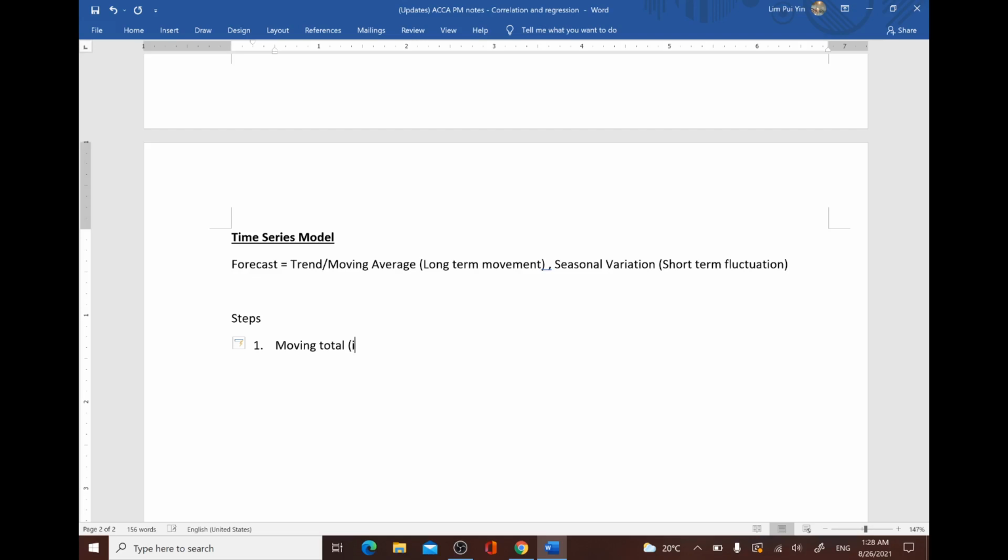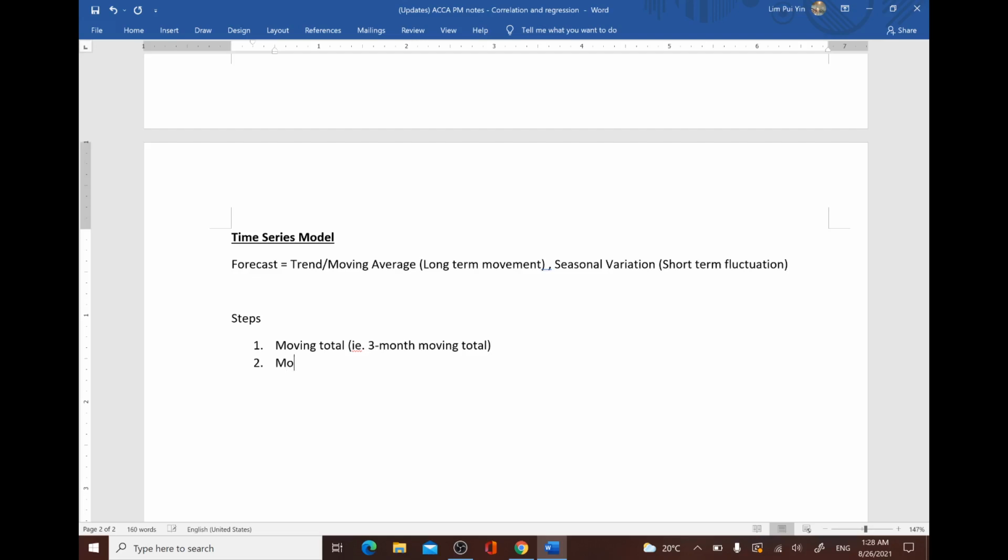Let me just quote an example that it could be a 3-month moving total. When we talk about the word total, that is probably the sales figure. Say for example, what is the sales figure in 3 months, and what I have to do is to get the total figure.